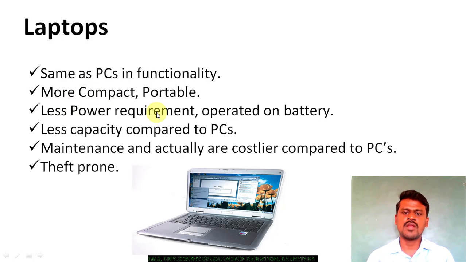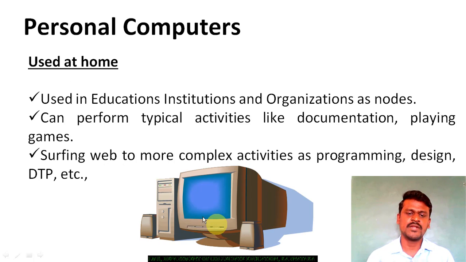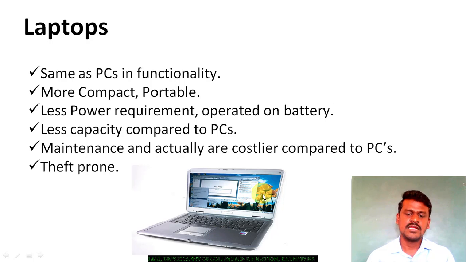Less power requirement and operates on battery. For example, for a desktop you need to supply power to the monitor, desktop, keyboard, mouse and speakers. But in the case of a laptop, it works on only one single battery.